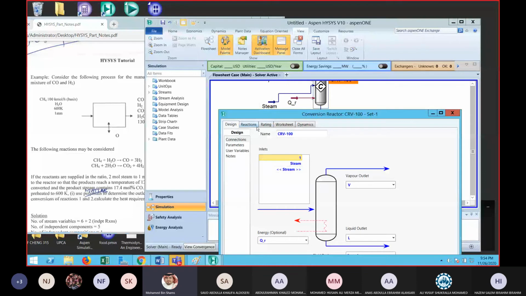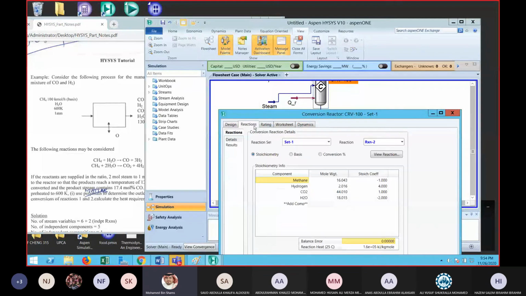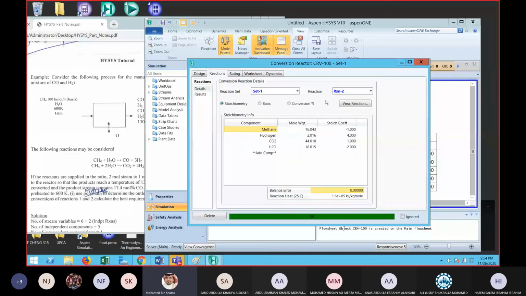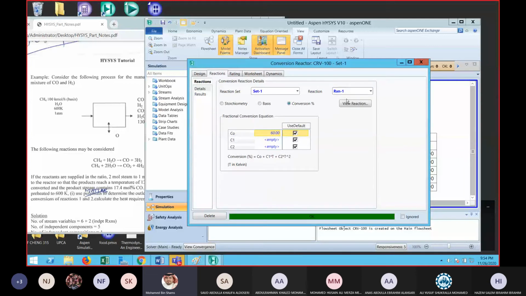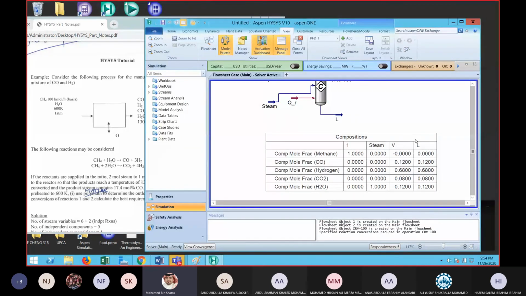So you say okay, then what I have to do is change my conversions. So you say the first reaction maybe I have 60%, and the second reaction is 40%, reversed. Then you say okay, the problem is solved, and now you see the carbon monoxide is 0.12.